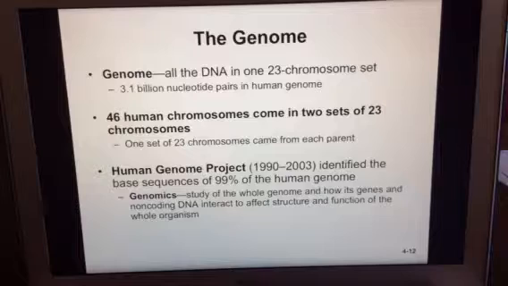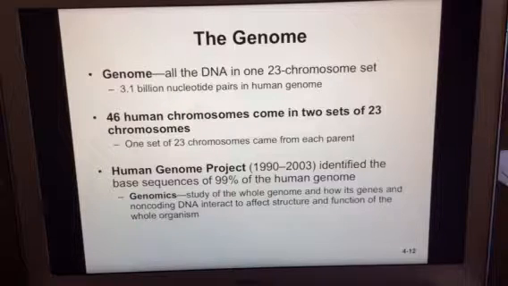Again, like before in the other video, the genome is all of our genes, but it's also considered all of our DNA. And so we have 23 chromosomes, which relates to 3.1 billion nucleotide pairs. So in our DNA, we have 3.1 billion pairs making up those 23 chromosomes. That's a lot. So we know that we have 46 chromosomes in our cells.